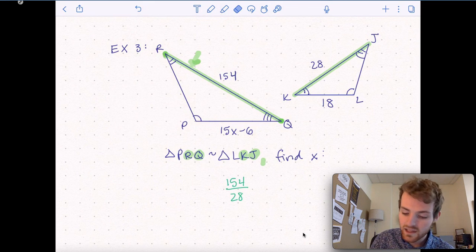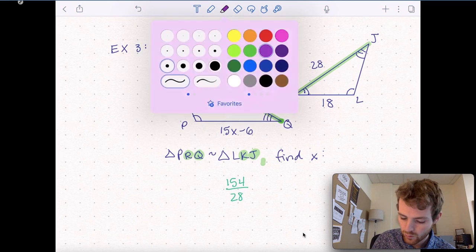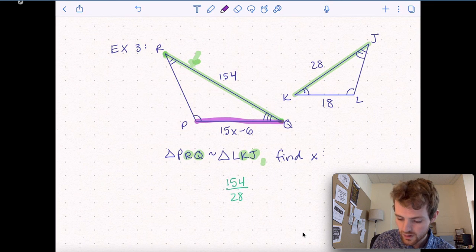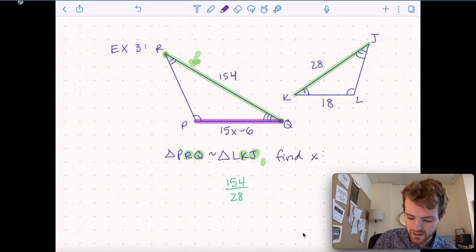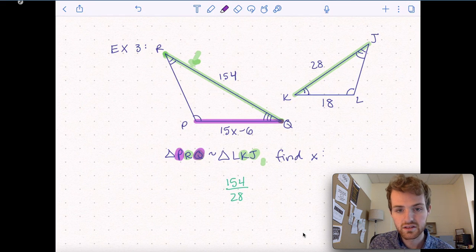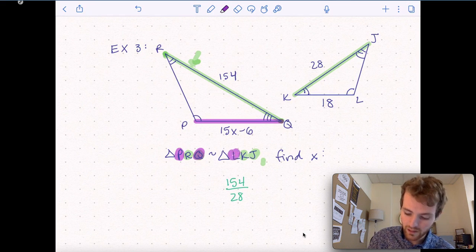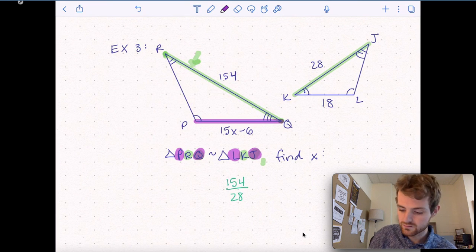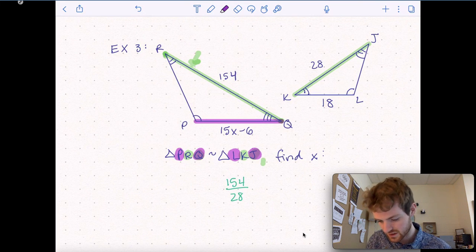By that same thinking, when we look at PQ, P is the first letter, Q is the third letter. So when we look at our other triangle, it'll pair with LJ. Shoot. Of course I did it wrong.